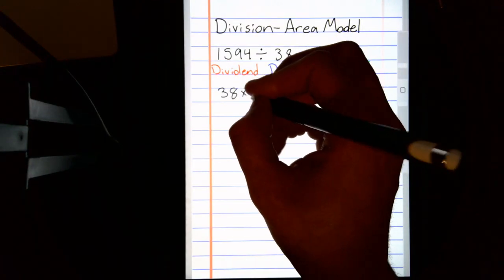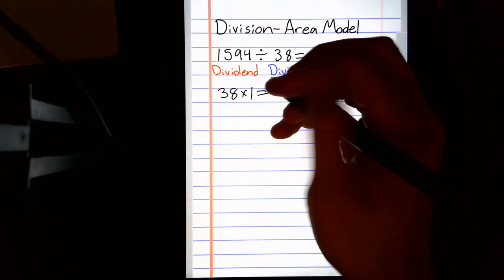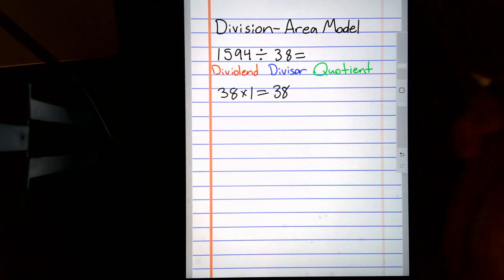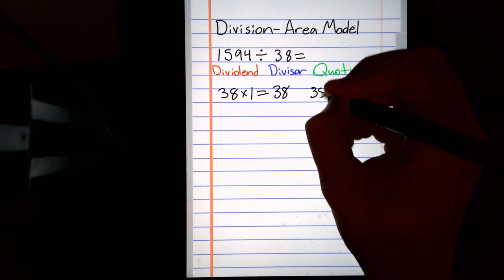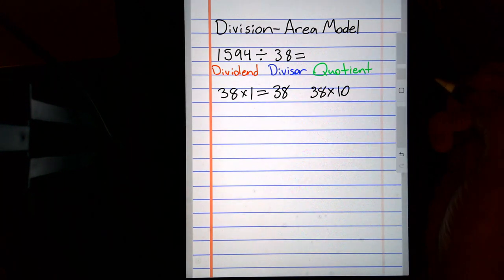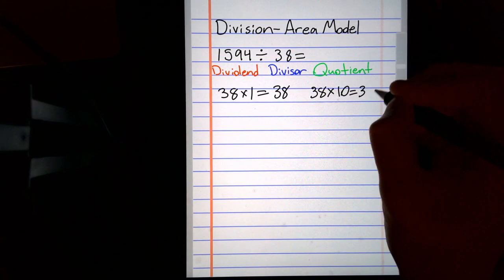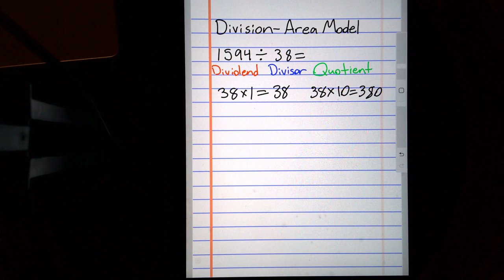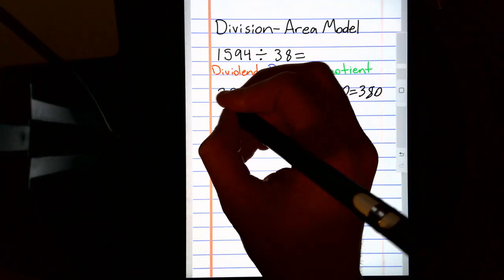We can do that as simply as understanding that 38 times 1 is 38. In doing that, we can know that 38 times 10, having that disappearing 0, will get us 380. We've practiced this in class. Our students should be fairly well managed in doing this.